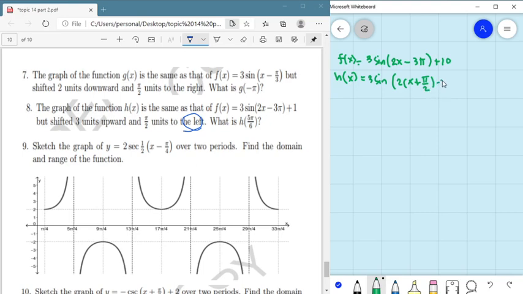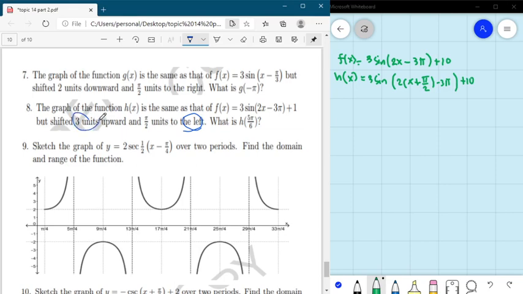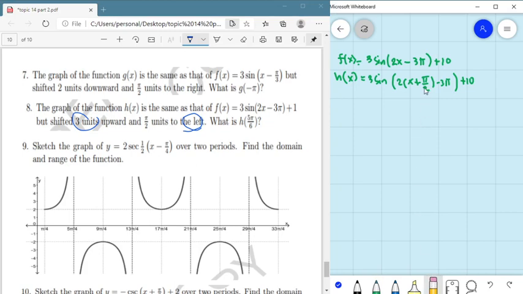Then, minus 3 pi plus 1. Diya, kaingon mo po dire 3 units upward. So, mag-plus po ka og 1? Okay.